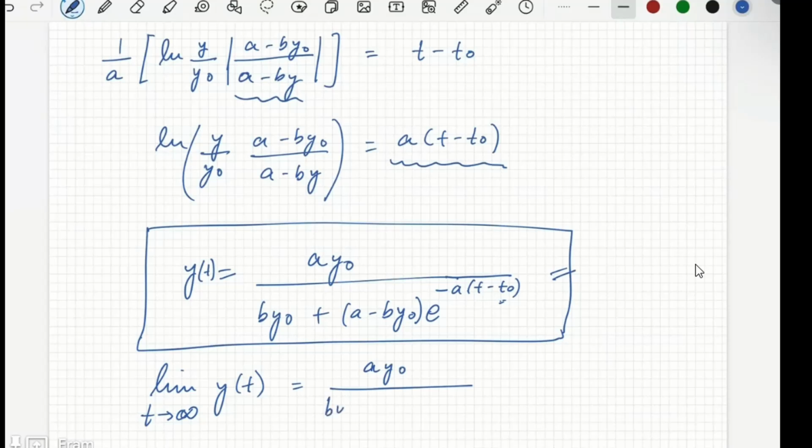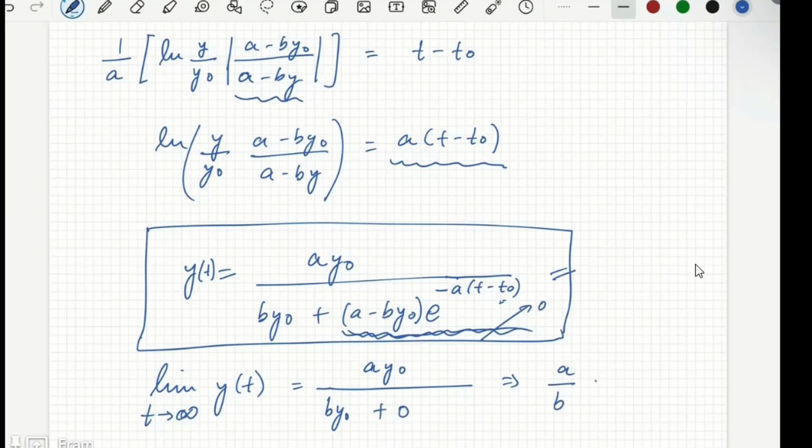This b y naught will remain as it is. This term, if you see this exponential, as t goes to infinity, will converge to 0, and this term will go to 0. So we will have just b y naught plus 0. That means the limit as t goes to infinity is nothing but a by b.